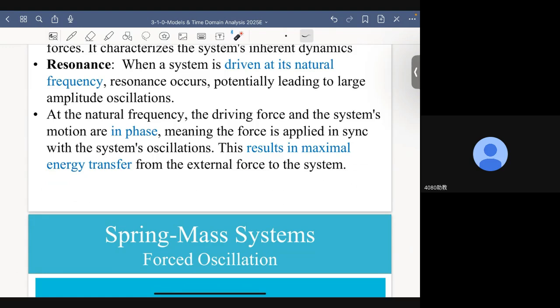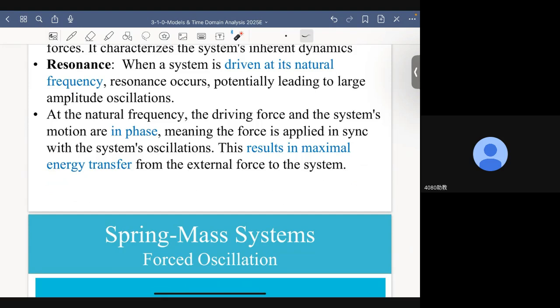If the external force always moves in synchronization with the movement of the mass, it will always accelerate the mass and enhance its amplitude, making the movement of the mass stronger and stronger, larger and larger, and finally go without any bound.